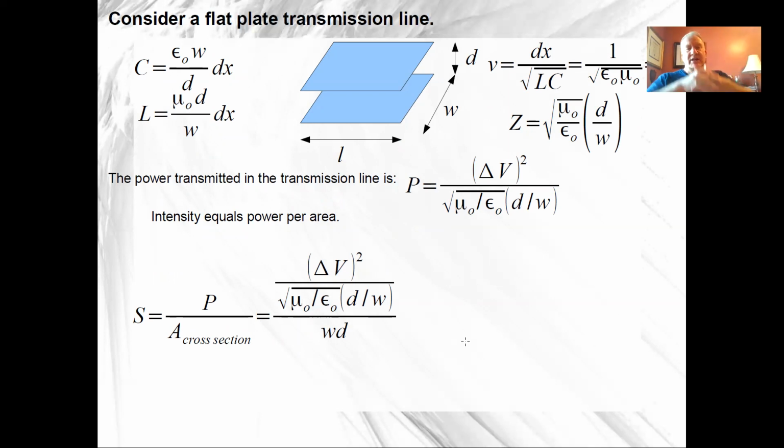By the way, we usually don't like to just talk about the power. We talk about the intensity, and the intensity is the power over the cross-sectional area.